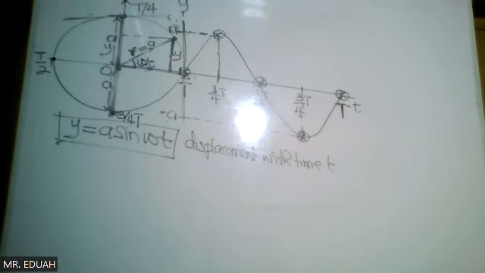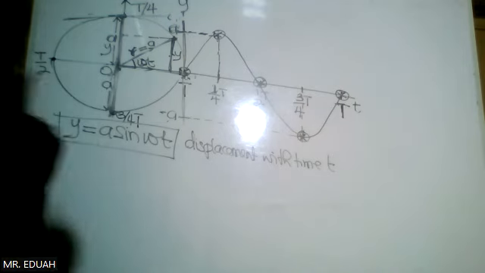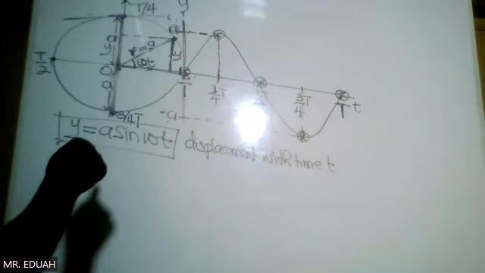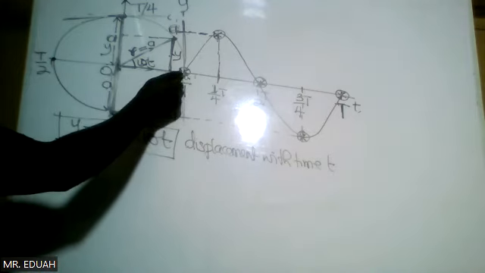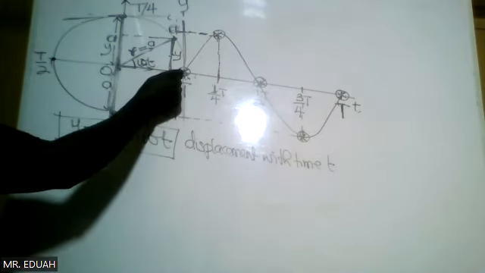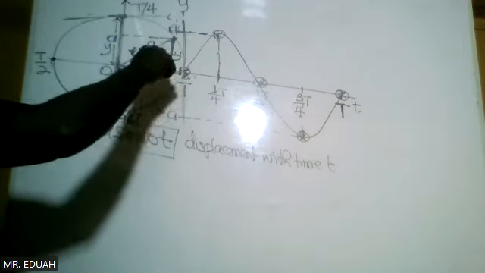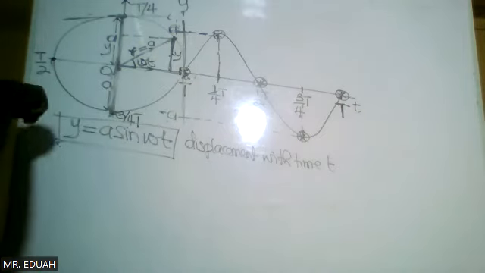Now, we want to draw the displacement function for an oscillating body over one cycle. One cycle in circular motion is equal to moving round a circle once.